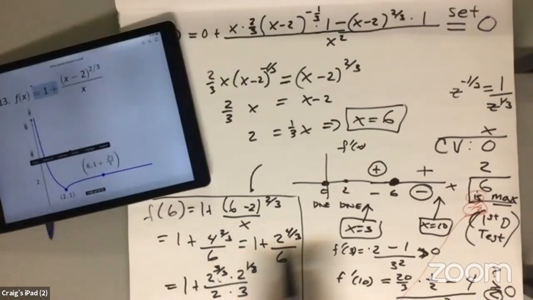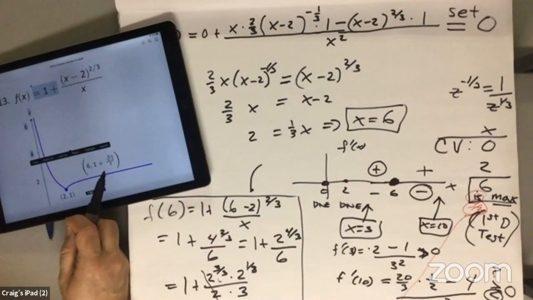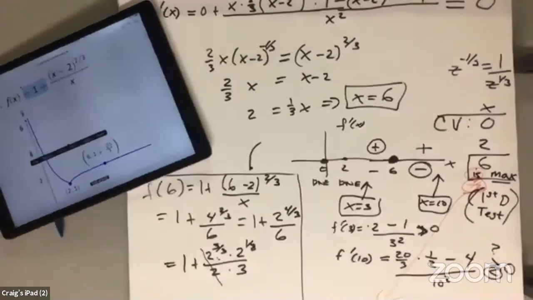So I took out one of these 2's outside of the cube root, and 2 to the 3/3 is 2 when I divide it by 2. So these two cancel right there. And so I just have 1 plus 2 to the 1/3 divided by 3, which is exactly what they wrote here. That's also what we got here.